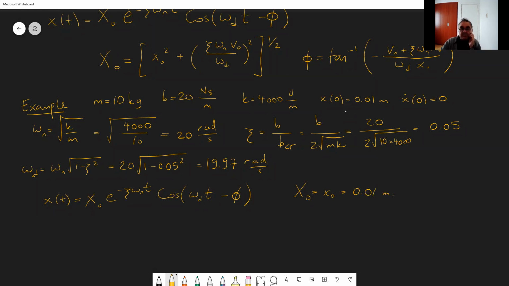But the phase angle is not 0, because, well, this term is 0. Phi is equal to tangent inverse of, v0 is 0, but this term is not 0, so tangent inverse minus.